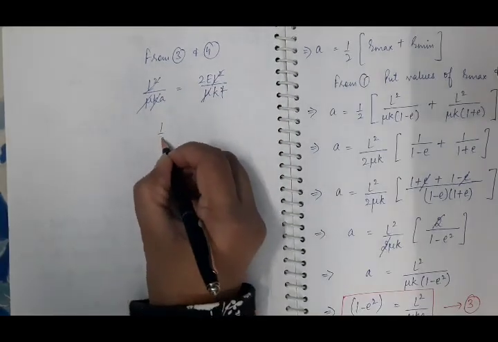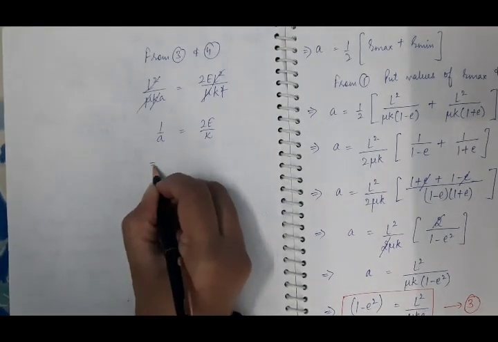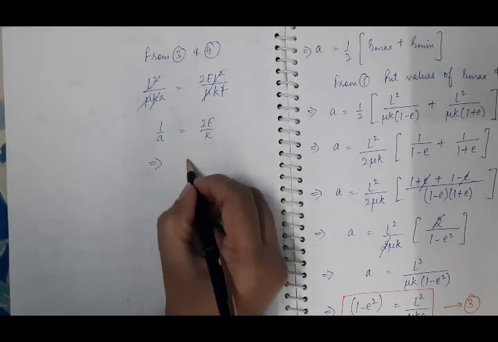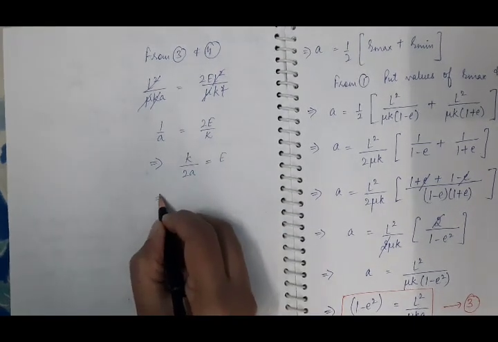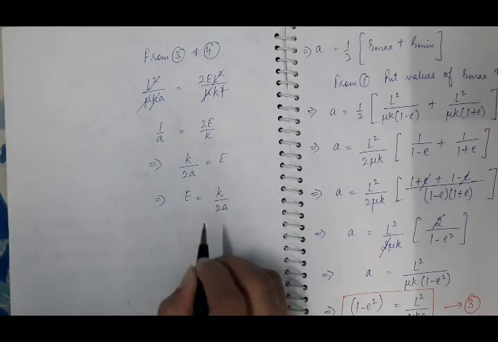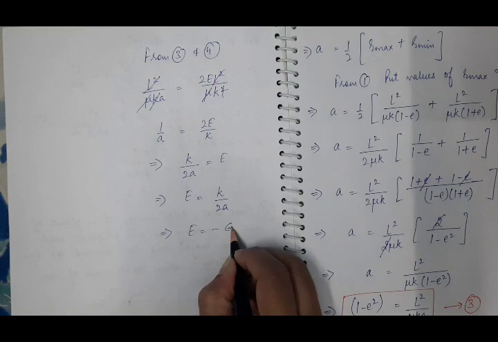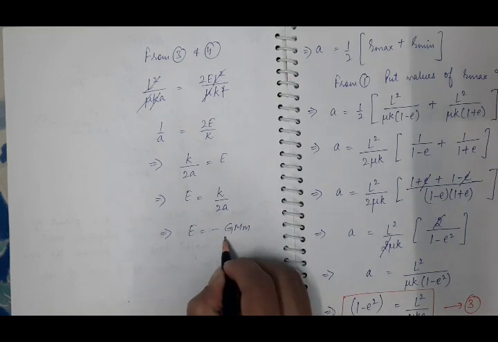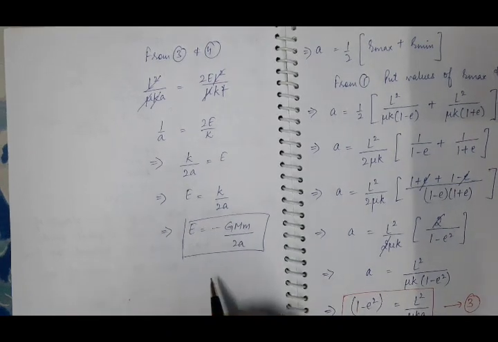So we have 1 upon a equal to 2E by k. Moving this k to this side and 2 to this side, this implies energy is equal to k by 2a. And this k is minus GMm by 2a. Hence proved.